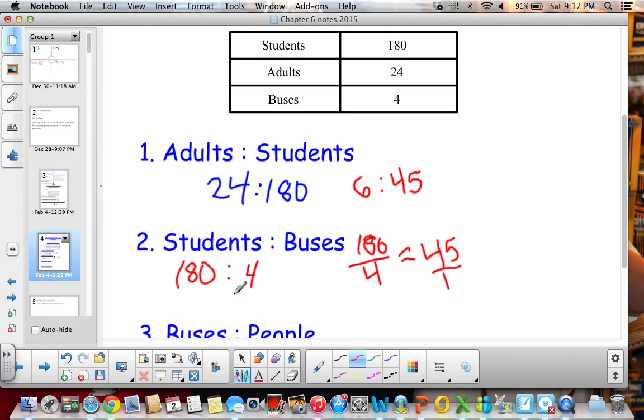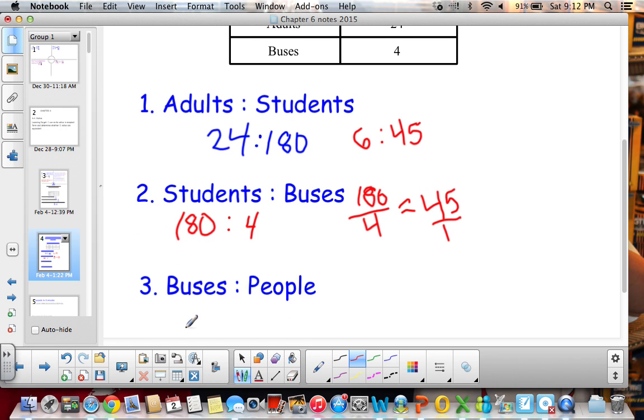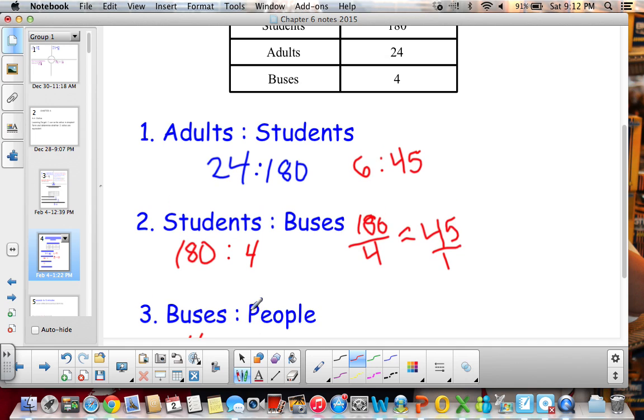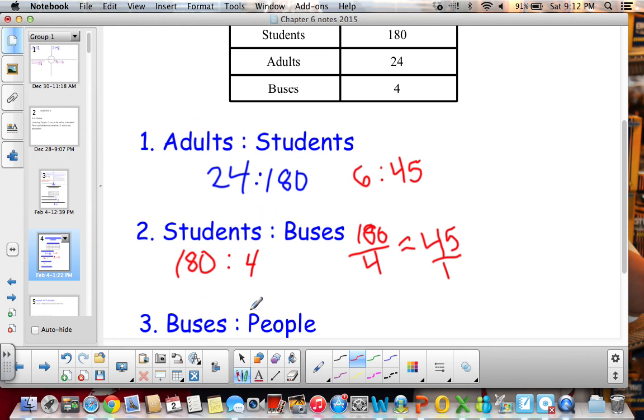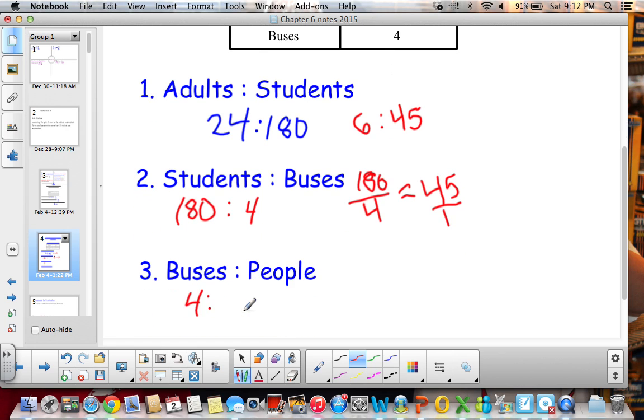So buses to people, there's 4 buses, and then the total amount of people would be 180 plus 24 plus 4, so we have 208, so 4 to 208.